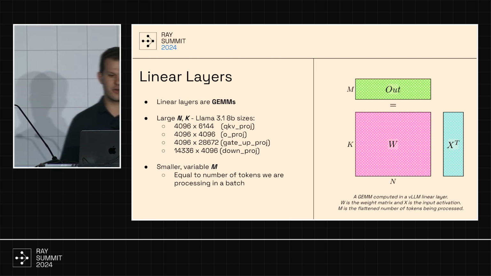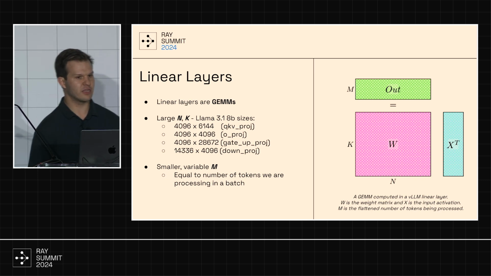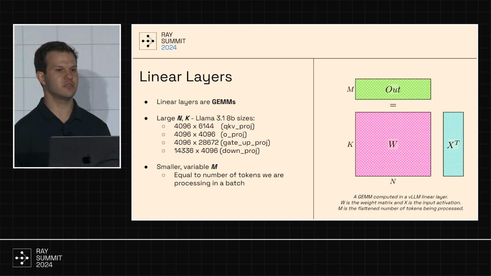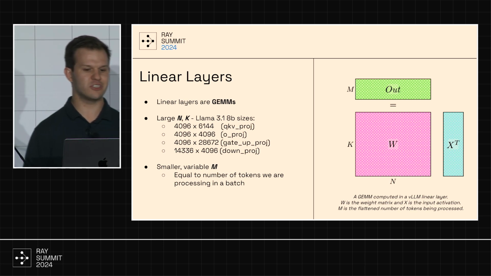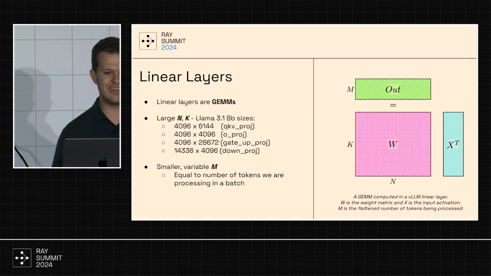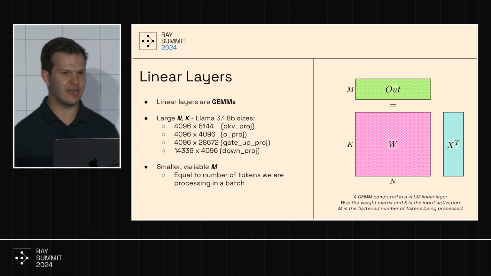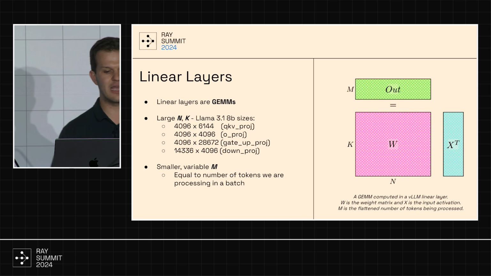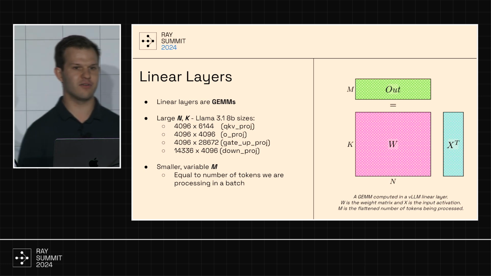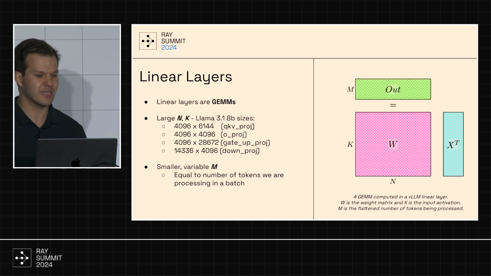And to understand why activation quantization, I wanted to explain a little bit of what happens in one of these linear layers. As Michael mentioned, the linear layers are matrix multiplications. They're GEMMs. And the time it takes to execute any GEMM is determined by 3 variables, N, K, and M, which are the shapes of the various matrices that are being multiplied together.